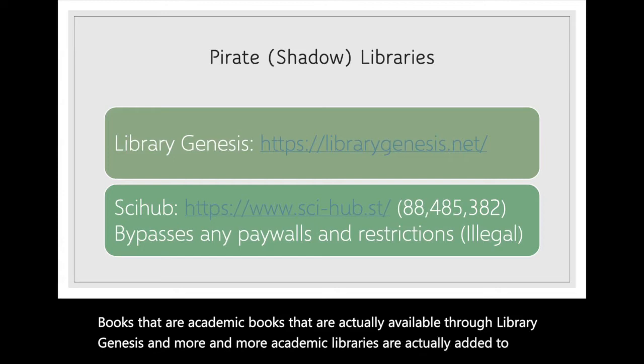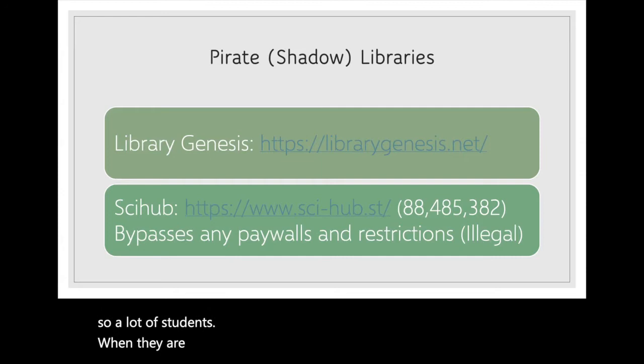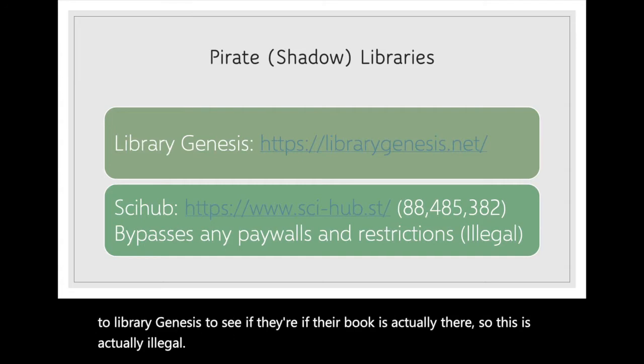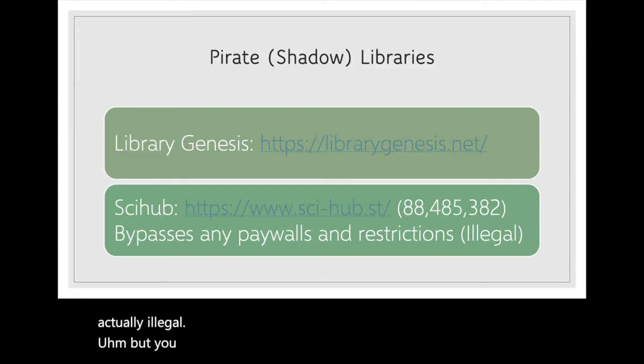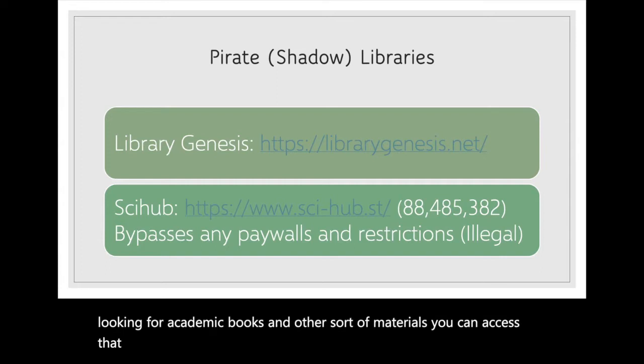A lot of students, when they're using their core classes, will come to Library Genesis to see if their book is there. This is actually illegal, obviously because of copyright. But if you were looking for academic books and other materials, you can access them from Library Genesis.